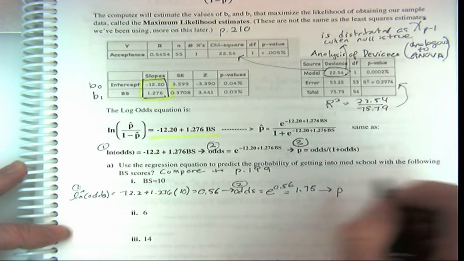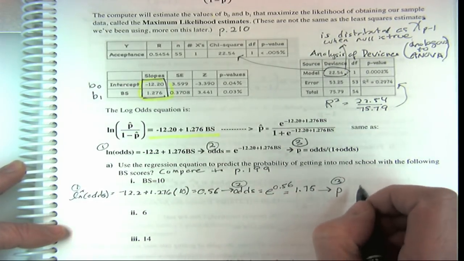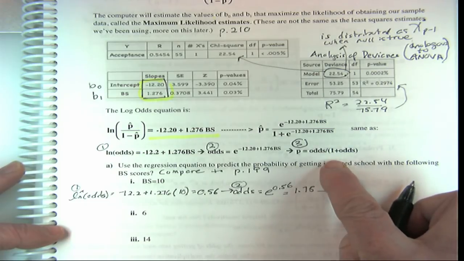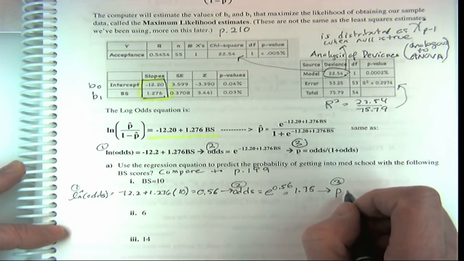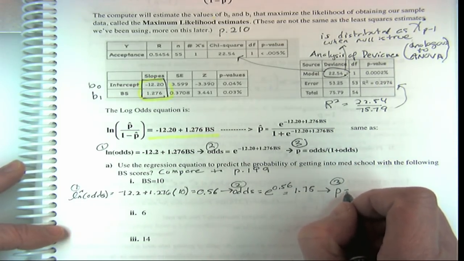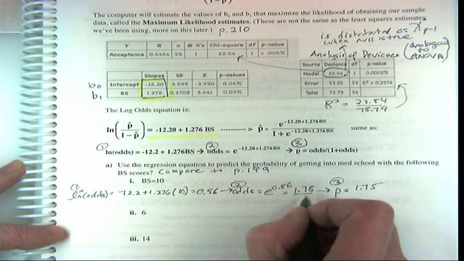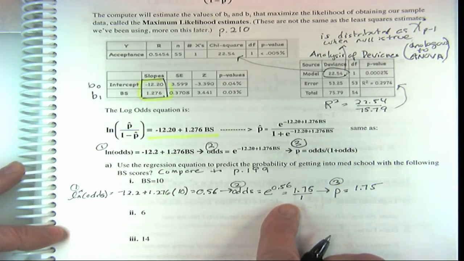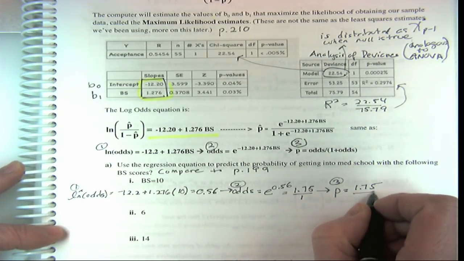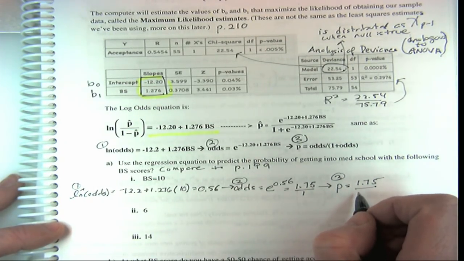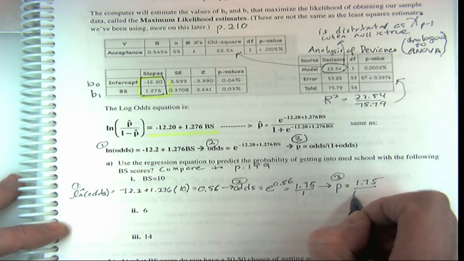Okay, so now I have 1.75 odds, and now I just want to get a probability, the predicted probability, which is step 3. Well, that's just odds over 1 plus odds. So this is equal to 1.75 over 1 plus 1.75, right?